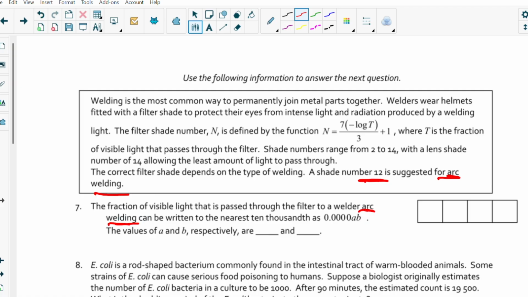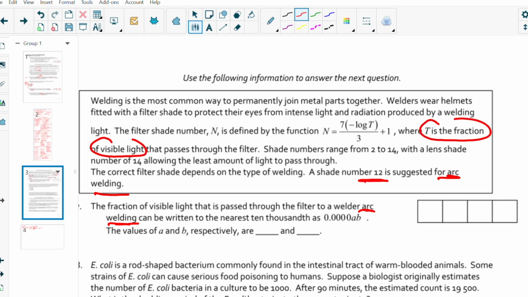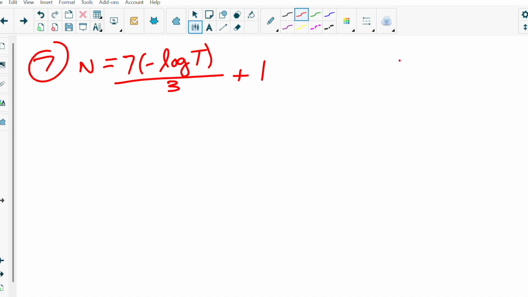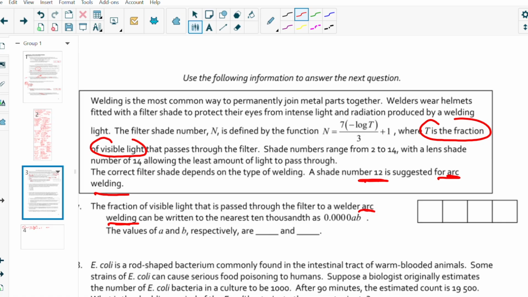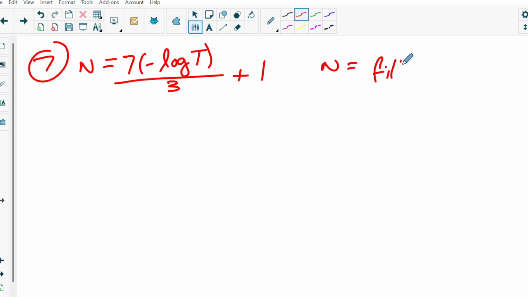We want to solve for T, which is the fraction of visible light that passes through the filter. So in this example, N equals the filter shade number. And in this case, N equals 12. That's a given for arc welding.